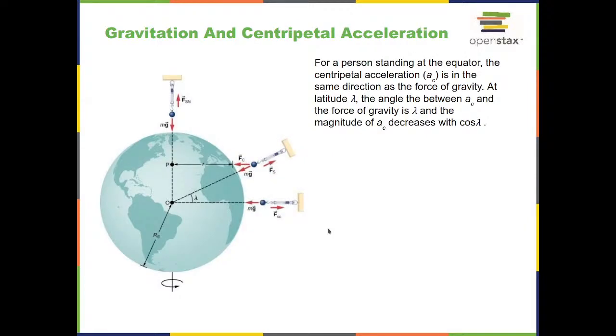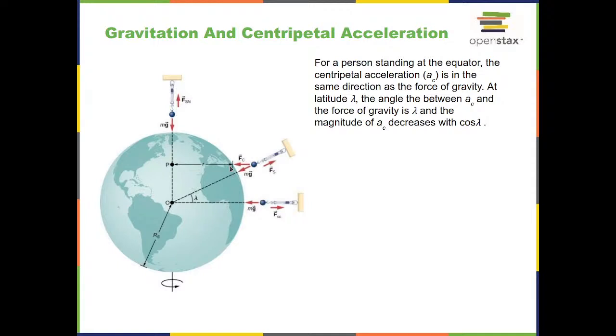So there's another aspect to the gravitational acceleration at the Earth's surface, and that's related to the fact that the Earth is not standing still, but is actually moving around. So there's also going to be a centripetal acceleration that plays a role here.